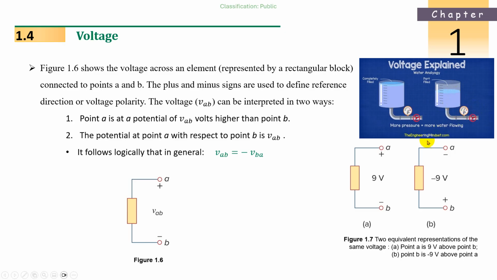Open the valve. Is the pressure the same? No, it will be half the previous one, because the height and the water volume give the pressure. Both together are called your potential, the amount of energy based upon the height and the volume. This is the example of how voltage can be understood.